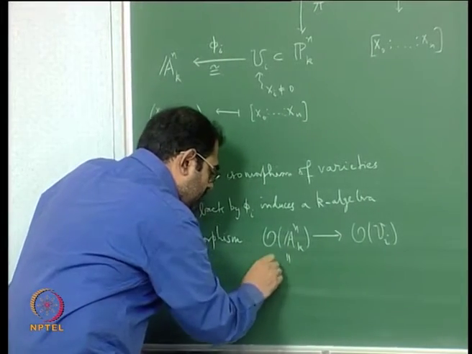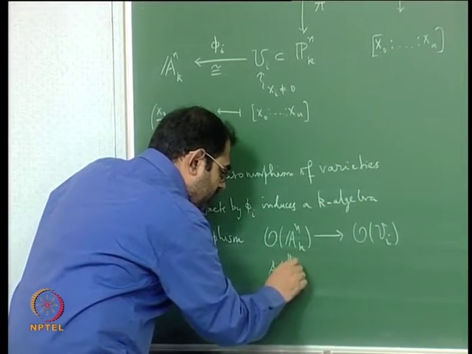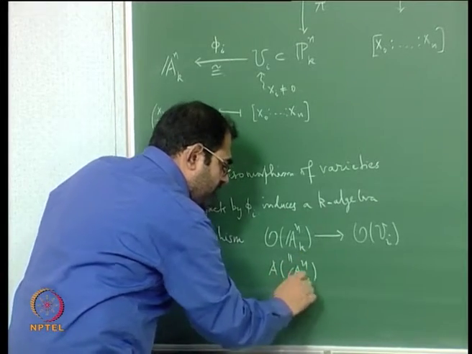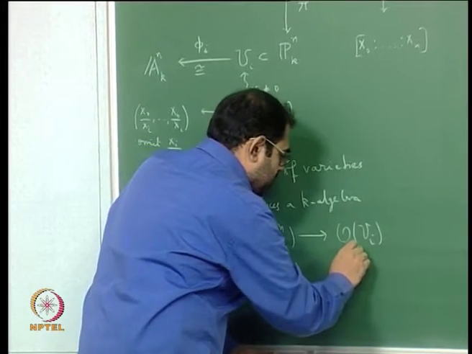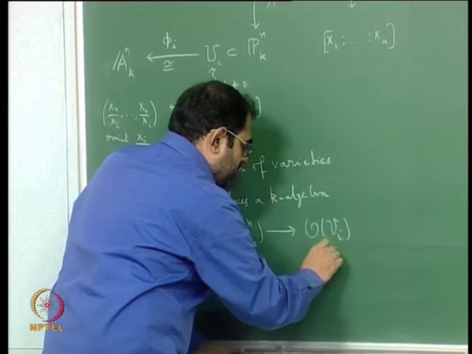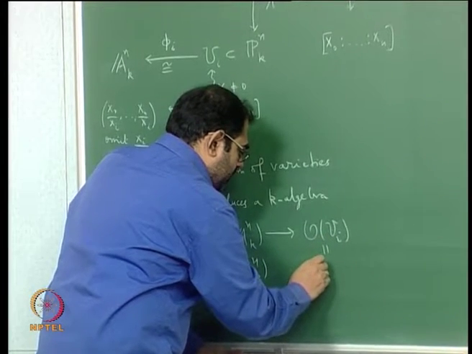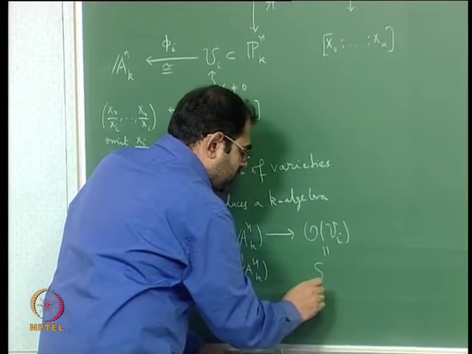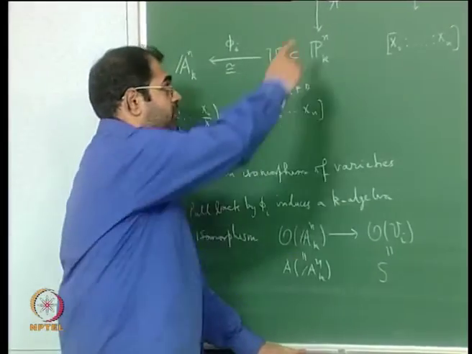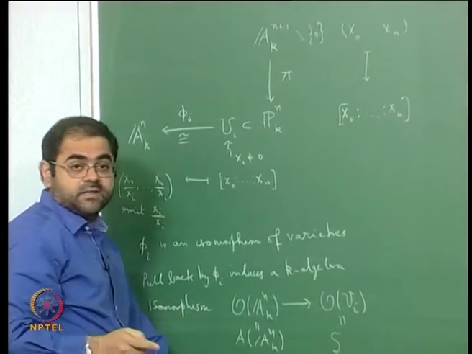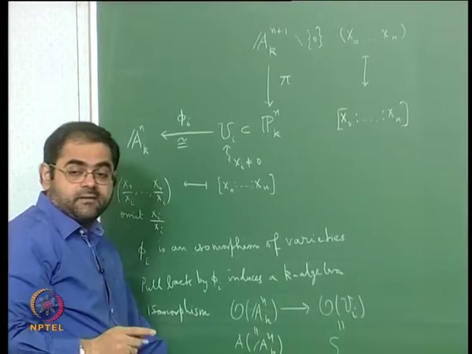and the fact is that this is the same as the affine coordinate ring of affine space, and this guy here can be identified with the homogeneous localization of the polynomial ring corresponding to this affine space at xi.